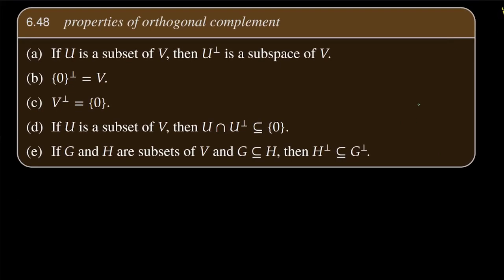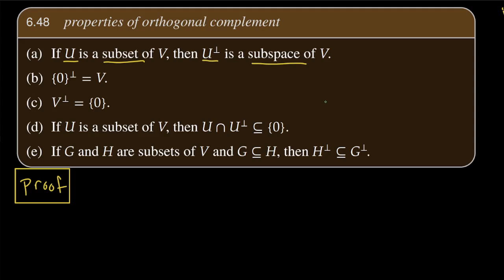Well, let's talk about the properties of orthogonal complements. The proof of this is pretty easy, though there are a lot of parts to it, so I'll just sketch this out really quick. We'll go through it chunk by chunk. Here's the idea. If U is a subset of V, then U perp is a subspace. Notice subset to subspace. If that reminds you of anything, then you're right.